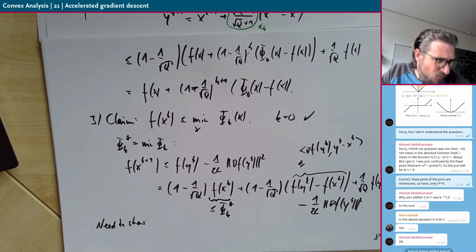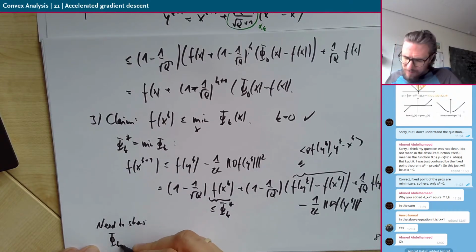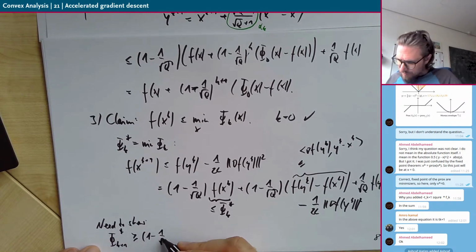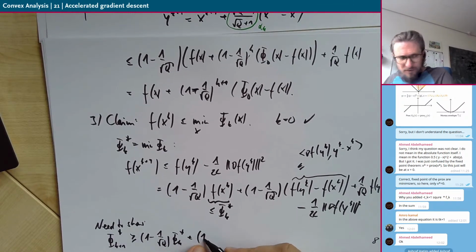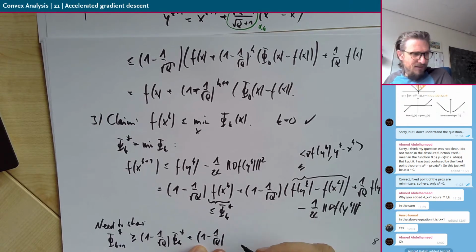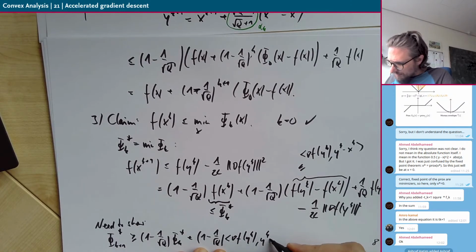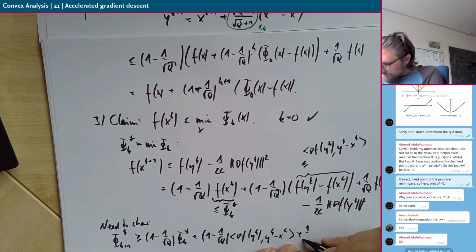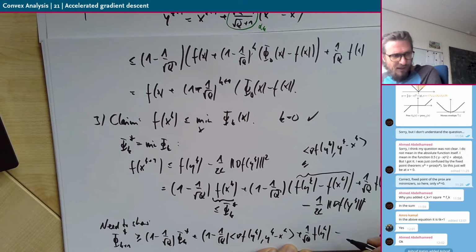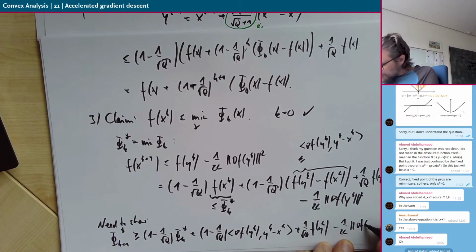Oops, is this a typo? No, it's not. We need to show that this phi k plus 1 star is then still larger than 1 minus 1 over square root of q times phi k star, plus 1 minus 1 over square root of q times this gradient f of yk times yk minus xk, plus 1 over square root of q f of yk minus 1 over 2L gradient f of yk squared.